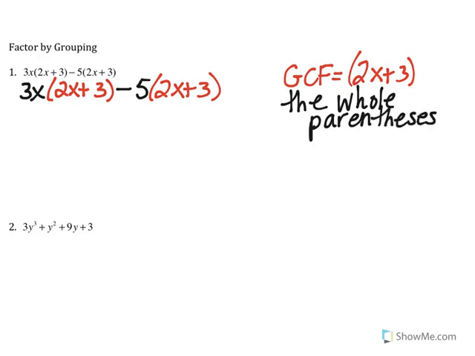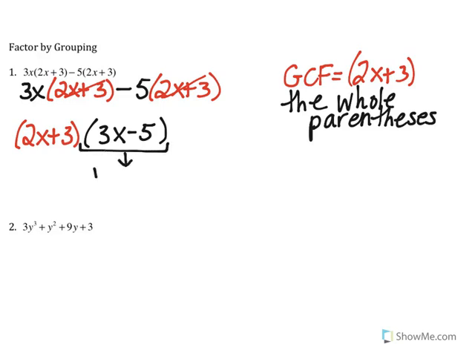Alright, so we're going to take out that as a GCF, and then what's left is what's in black, the 3x minus 5. So you can almost think as if you are kind of crossing off this from both of the, what I'm calling terms, and then the 3x minus 5 is left after you pull out the parentheses.